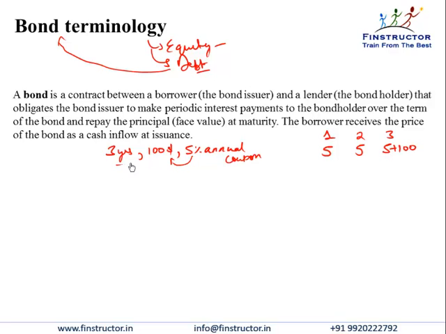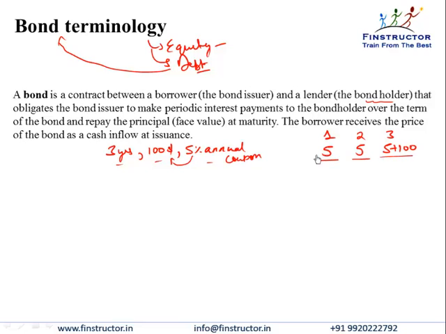So these three terms determine the cash flows from a bond, and like every asset, the value of these cash flows to the investor or the bondholder would be the present value of these expected cash flows. So the investor will discount these cash flows back to calculate the present value or the price of the bond. This discount rate, please note, will depend on the current market rates of interest.